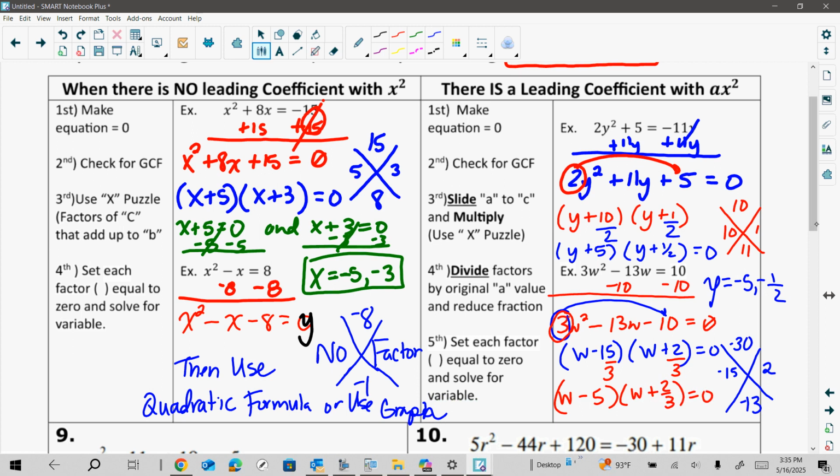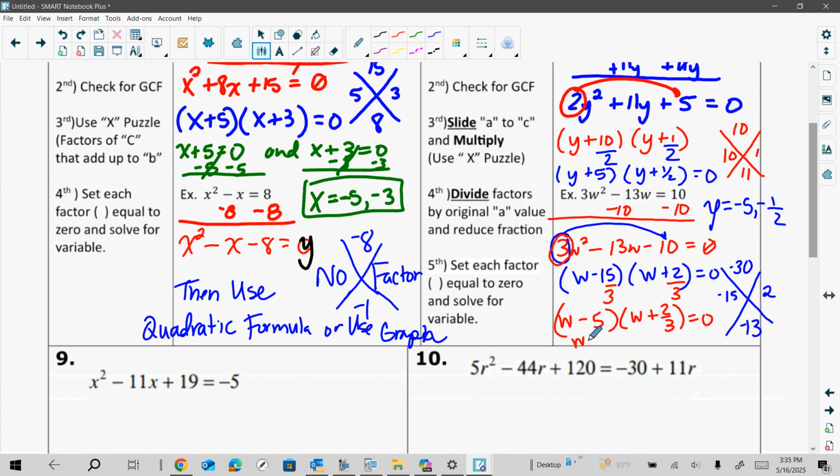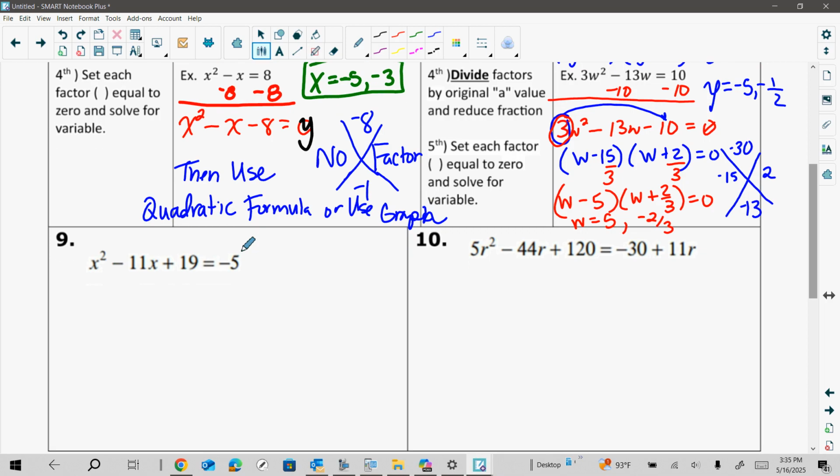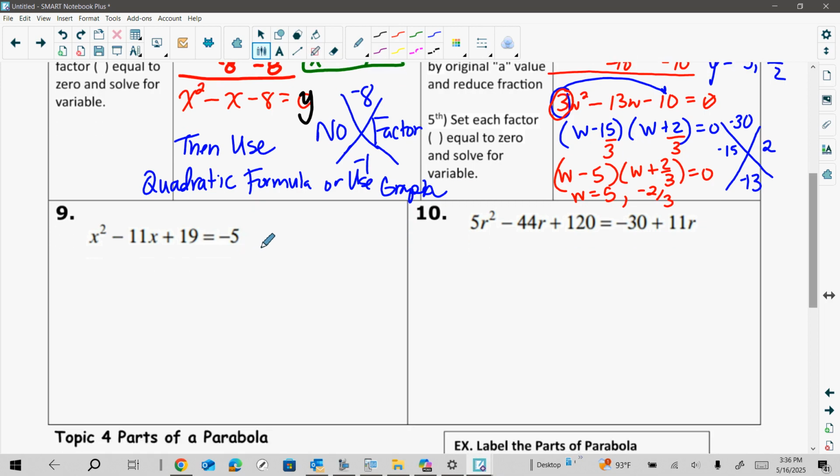So our solution is w equals a positive 5 and a negative 2/3. So I do want you to see if you can apply the steps here on these problems, and then we can check them online when you're going through each topic section.